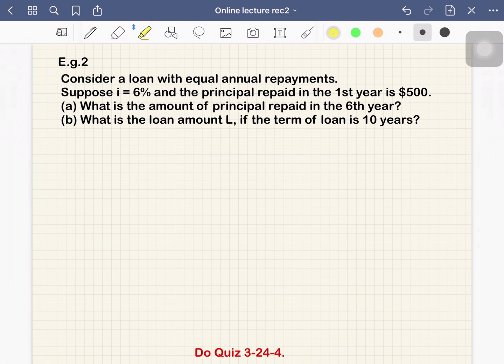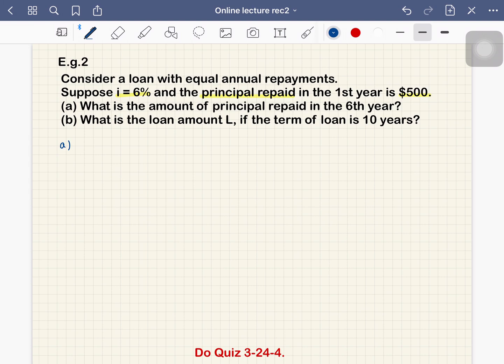We only know i and the first year's principal repaid. We don't have the original loan amount, and we don't have the length of the loan either. It sounds like a really difficult question, but if you use the fact that principal repaid grows at the rate of 1 plus i, it can be solved very easily.